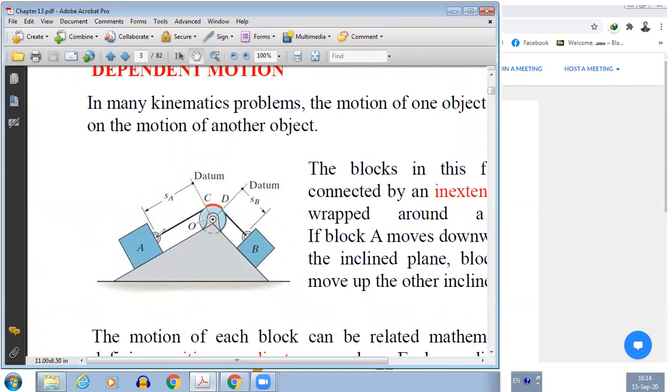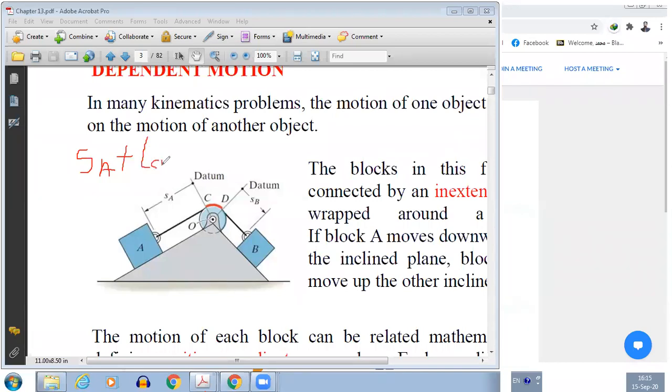The rope is starting from A, so we have SA as one length. Then add to it the length passing through the pulley, let's call this LCD. Then add to it another length of the rope, SB.